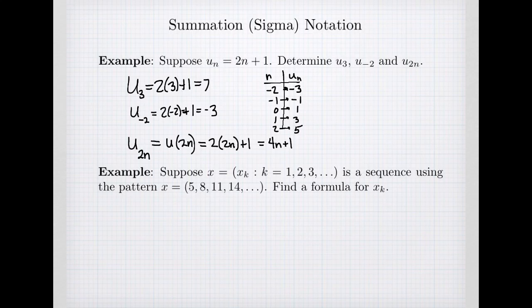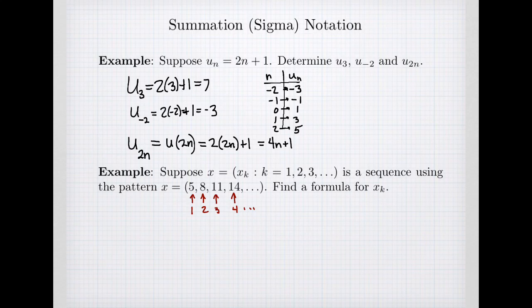Now the second example on this slide says I'm given a pattern, and I want to find a formula for my x of k. It tells me that my index starts at 1, so as I'm thinking about this, the first value comes from 1, the second value comes from 2, from 3, from 4, and on and on. In order to find a formula for my sequence, I'm looking for a function that sends 1 to 5.